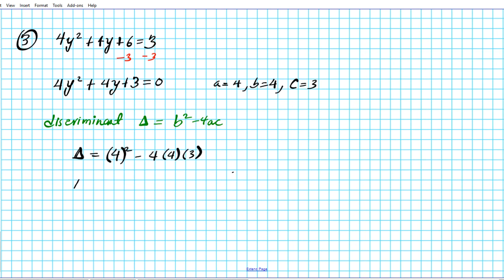If we simplify, 4 squared is 16, minus 4 times 4 is 16 times 3 is 48. 16 minus 48 is negative 32. So this is our discriminant value right here.